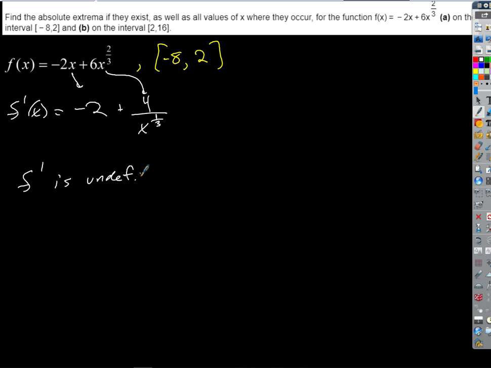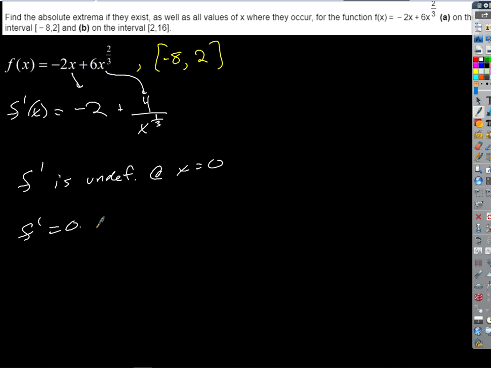At x equals 0. How come? We're dividing by 0, because I've got an x to a power on the bottom. So it's undefined at x equals 0, and there's a critical number.